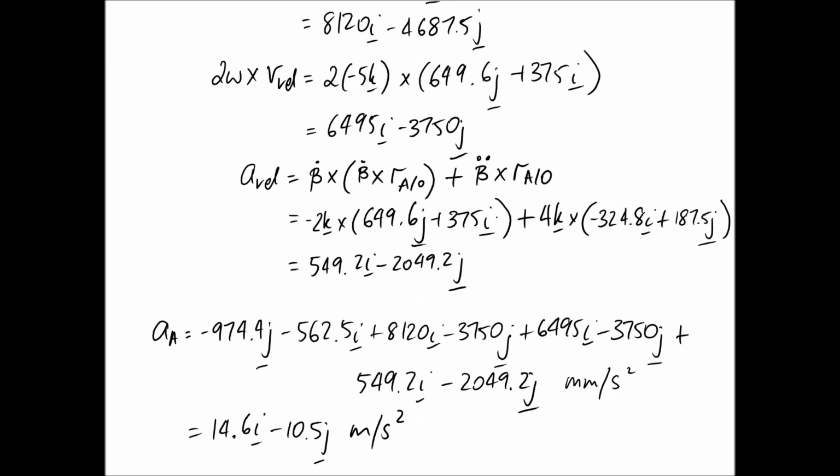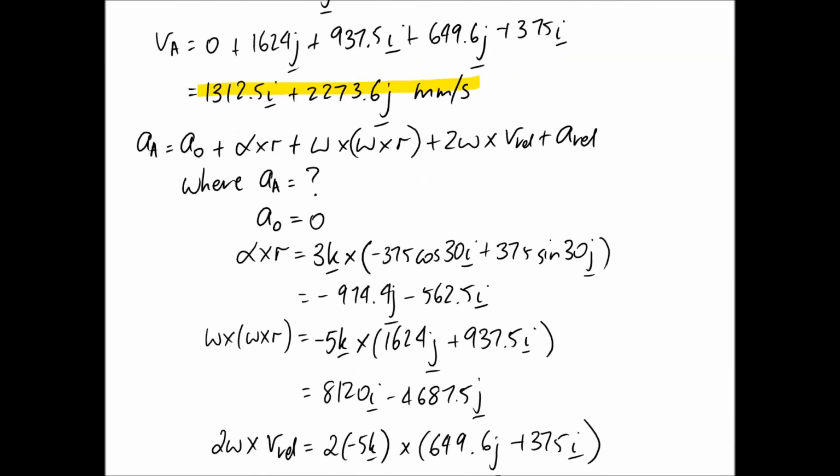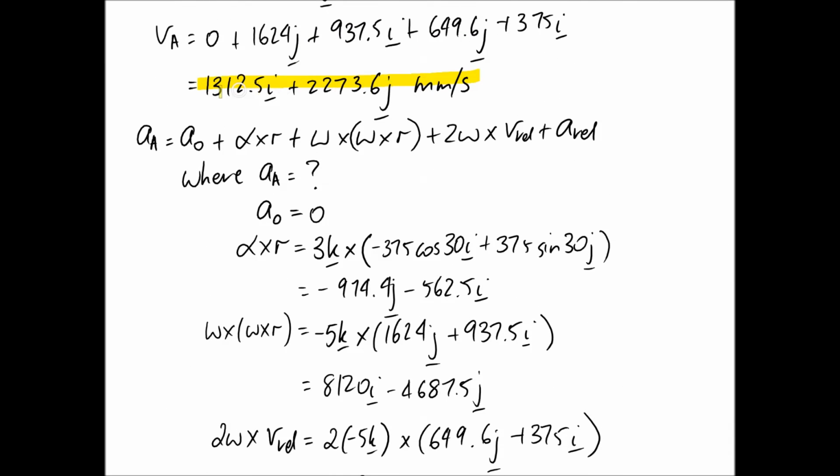Alright, so there are our final answers for this question, for the acceleration of point A in vector form, and also the velocity of point A here in vector form as well.